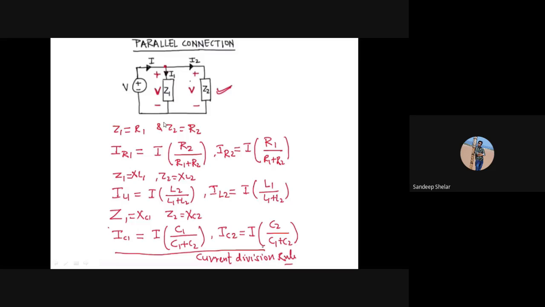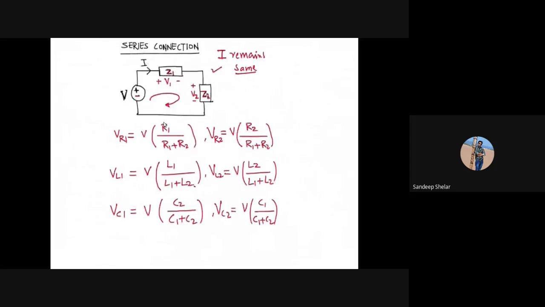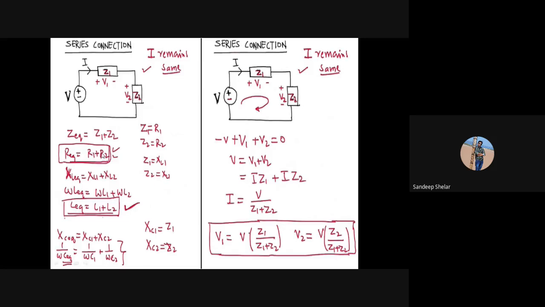This is the combination of series connection and parallel connection. In the series connection, find out the equivalent impedance with respect to resistance, inductance and capacitance. Also apply KVL for this circuit, then obtain the voltages V1 and V2.